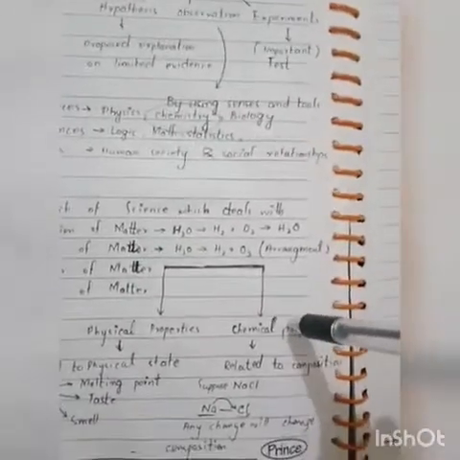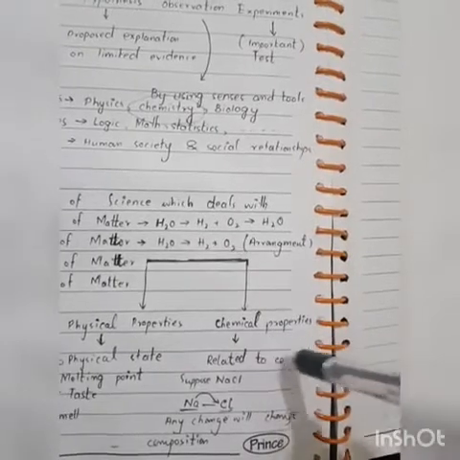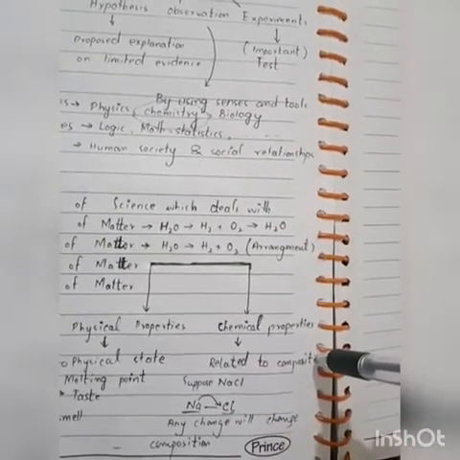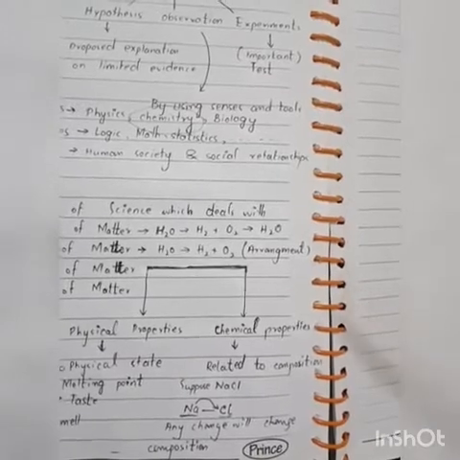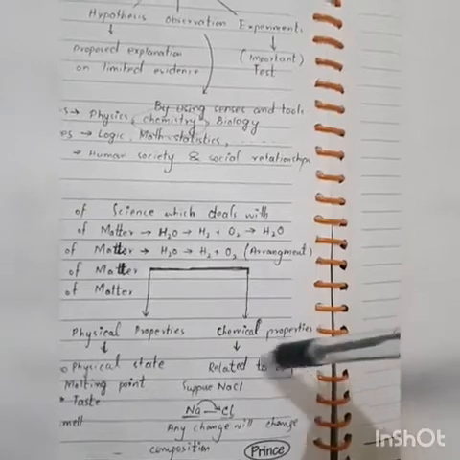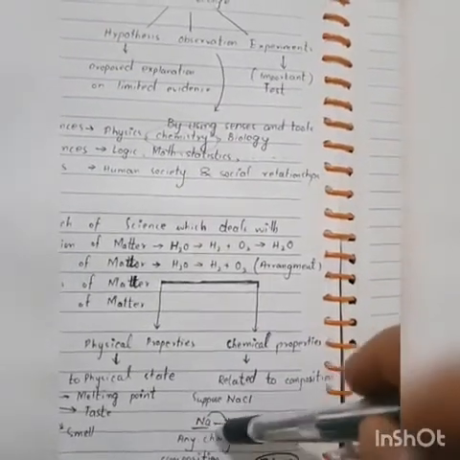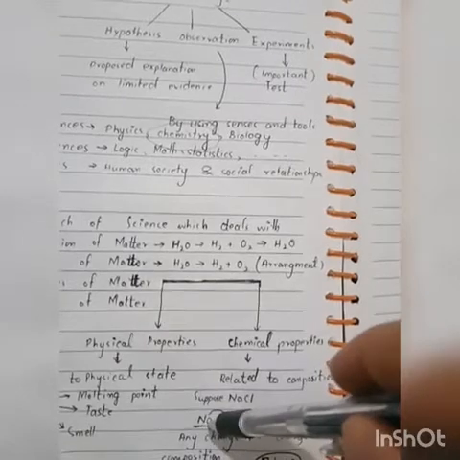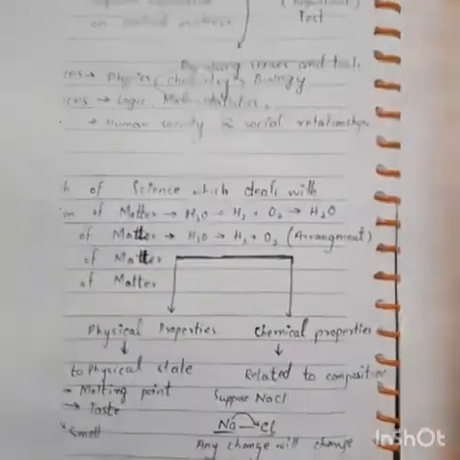Now we'll explain chemical properties. Chemical properties are related to composition: which atoms are making any kind of matter, and how atoms are combining with each other to make any matter. Suppose we take an example of table salt, NaCl. In table salt, one sodium atom will combine with chlorine to make NaCl.